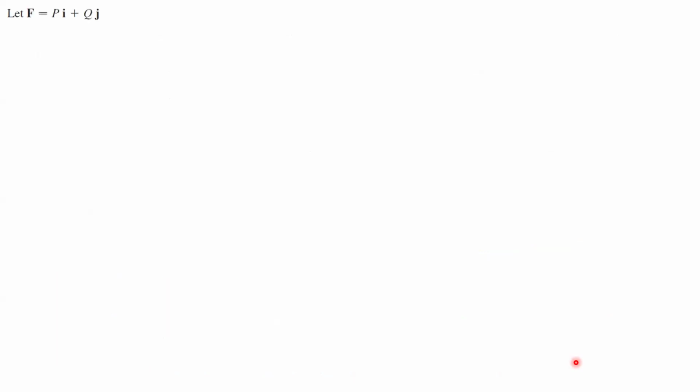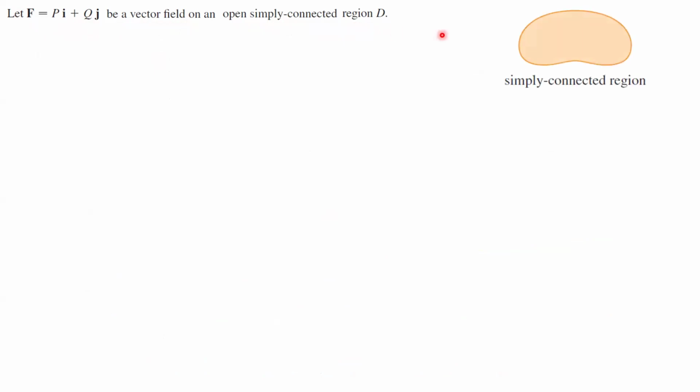Is there a shortcut here? That depends on the region. Suppose F is equal to Pi plus Qj, and it's a vector field on an open, simply connected region D. A simply connected region can be visualized this way. And also please note that when we are talking about a simple curve, it's a curve that doesn't intersect itself.